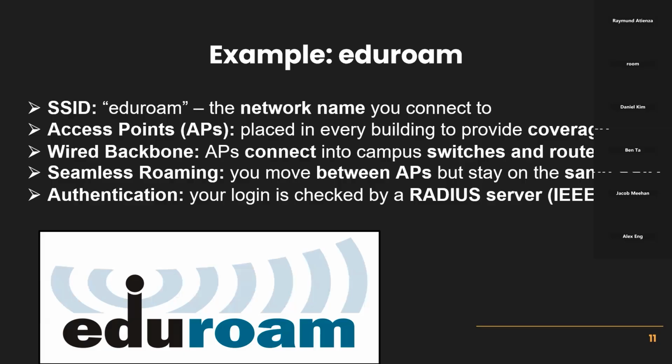Every time you go to a new access point, it goes back to the RADIUS server and checks: this person logged in earlier today, so we know they're good. So no matter where you go after you log in the first time, you'll be connected. This ties into the first-time login where you get that second two-factor authentication step. Once you do that and it knows you're good, no matter where you go, you'll be connected.